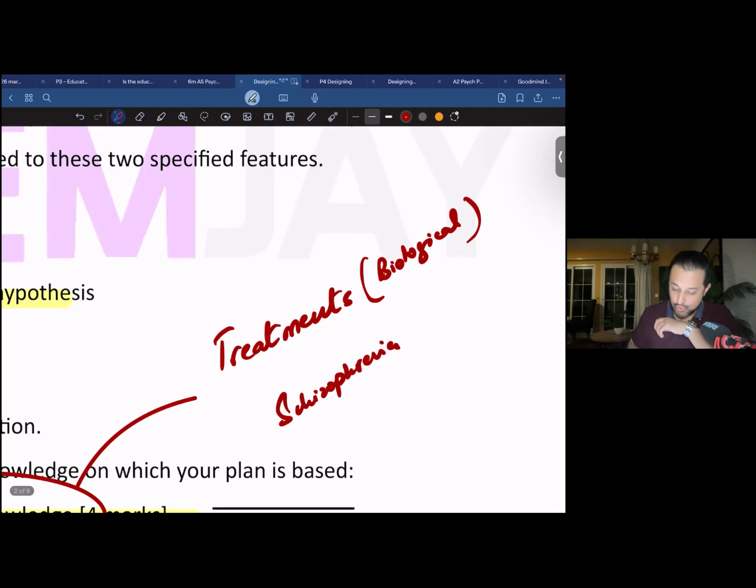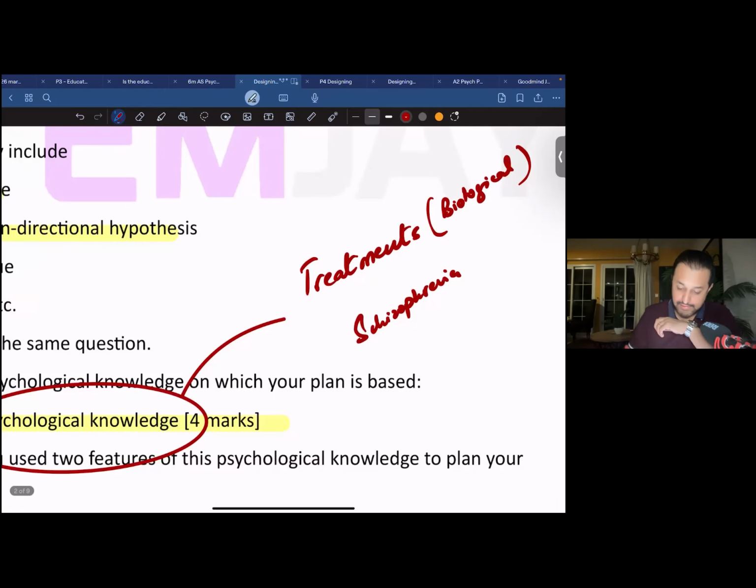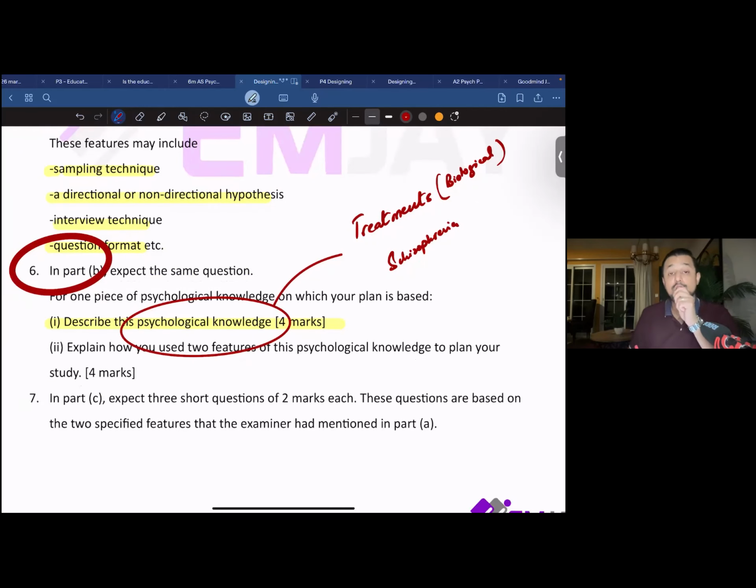See, you will only be able to identify this if you have a thorough understanding of the syllabus, if you're sure about what all your syllabus contains. That is only when you'd be able to identify what particular part of the syllabus the examiner is referring to.